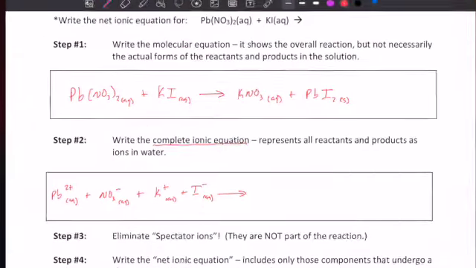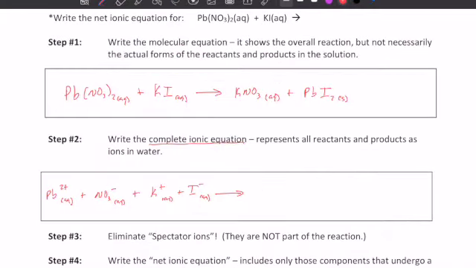So over here in our reaction, any place that we see AQ, we will continue to write AQ. But then after the reaction, our lead 2 iodide is actually a solid. So this is actually a reaction here.